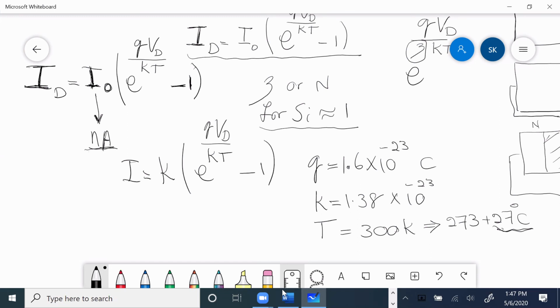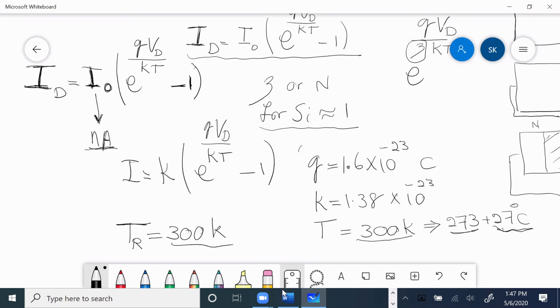Degrees C must be added to 273 in order to make it into Kelvin. So in all problems, we take room temperature as 300 Kelvin, just a round figure.